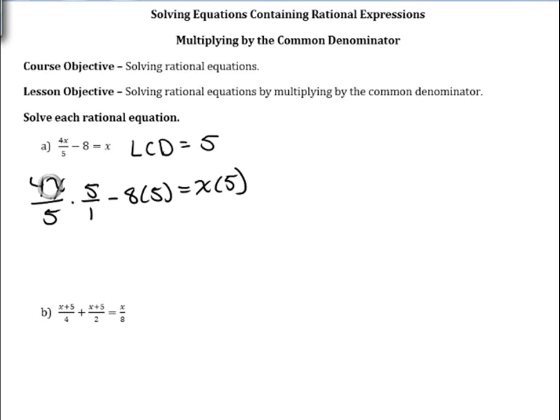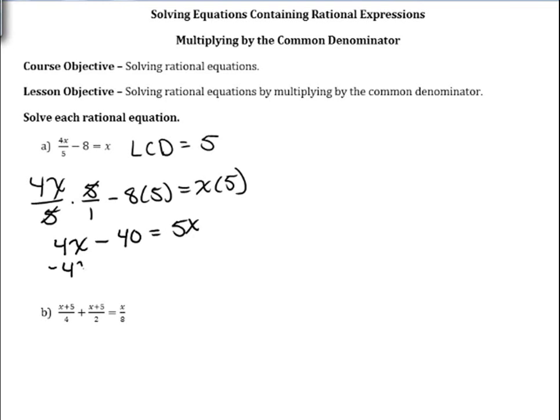When we multiply 4x over 5 by 5, the 5's cancel and we're just left with this 4x. And then minus 8 times 5 is 40, and then x times 5 is 5x. Now we want to gather all the x's up on one side of the equation and the plain old number stays by itself.